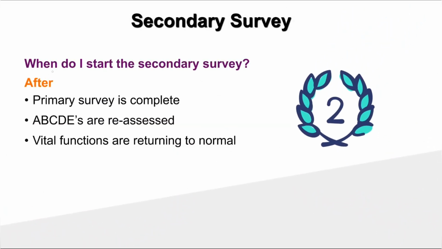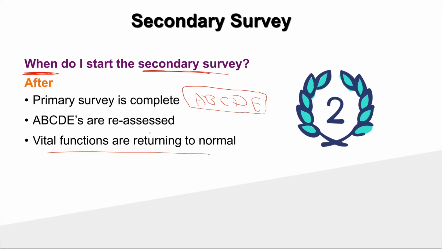When do you start it? After the primary survey, ABCDE done, and during ABCD you found life-threatening problems and treated them, and vital functions are returning to normal, and after reassessment you have to do the secondary survey.